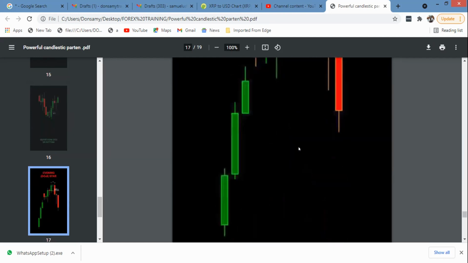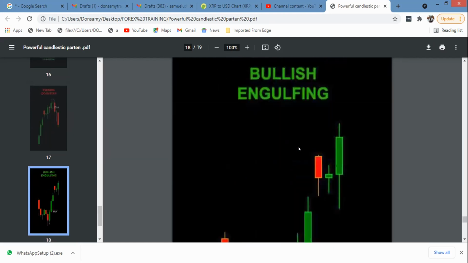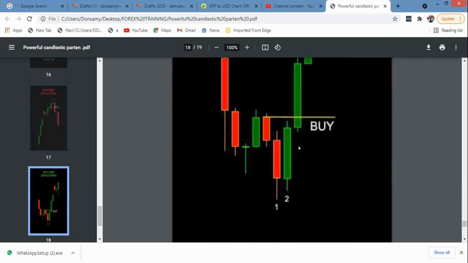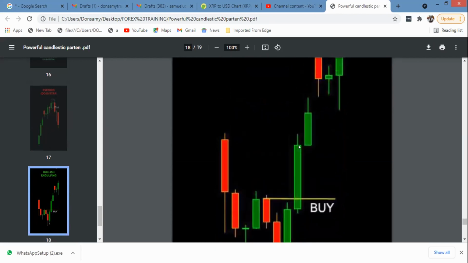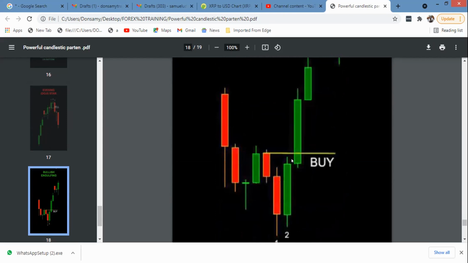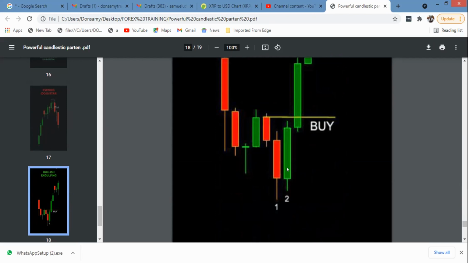But I like starting with the bullish engulfing candle. Now, this engulfing candle, I'm going to use this, but this is not the perfect example of an engulfing candle.